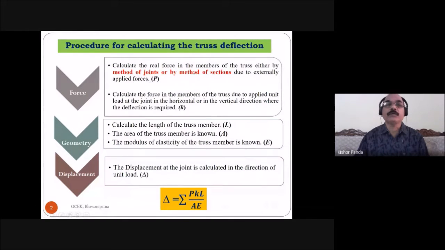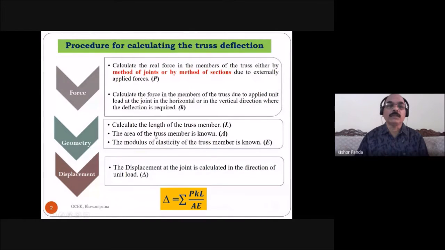Calculate the real force in the member of the truss, either by method of joints or by method of sections, due to externally applied forces. Then you have to find out the force in the member of the truss due to applied unit load at the joint, in the horizontal or vertical direction where the deflection is required. You have to find out the length of the truss member, which you can find from the geometry, and the area of the truss member, which is given in the problem, and the modulus of elasticity of the truss member, which is also given in the problem.